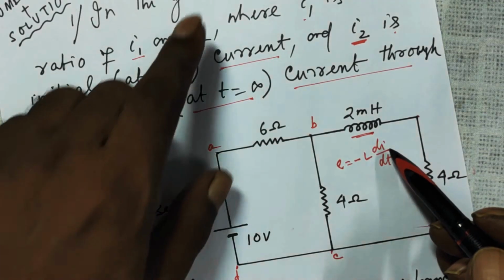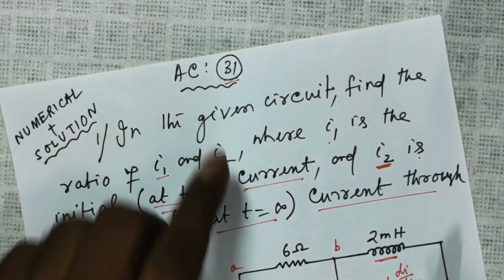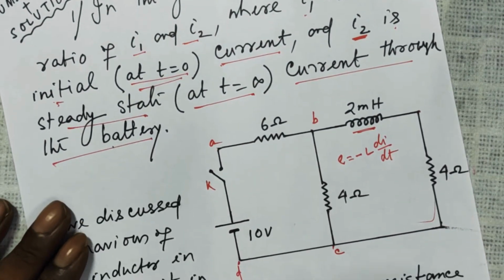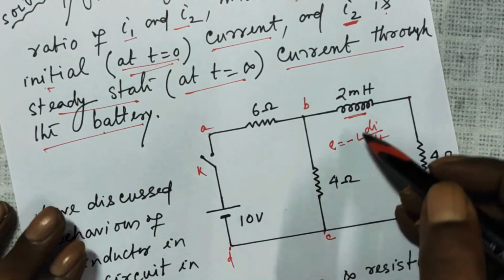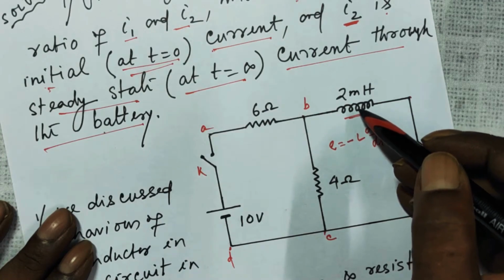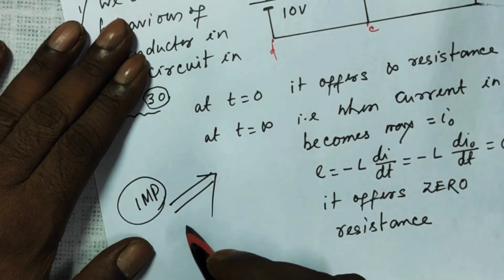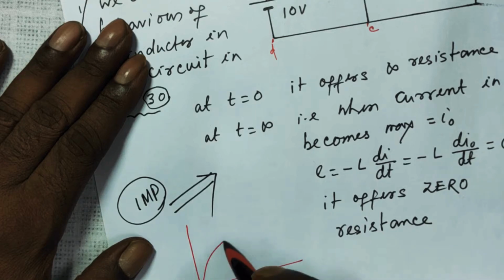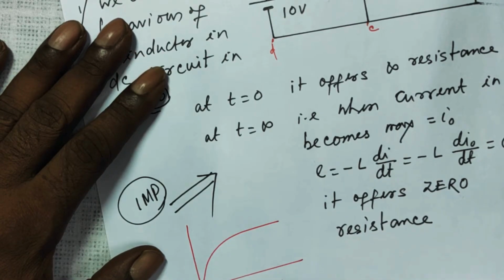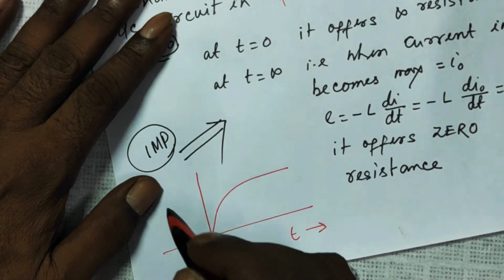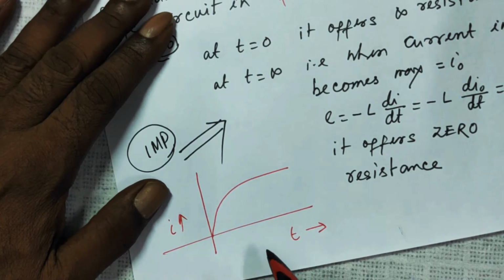That is what I had explained in alternating current 30. I'm still explaining once more. And the current through the inductor was like this. To this side was your time, to this side was your current.